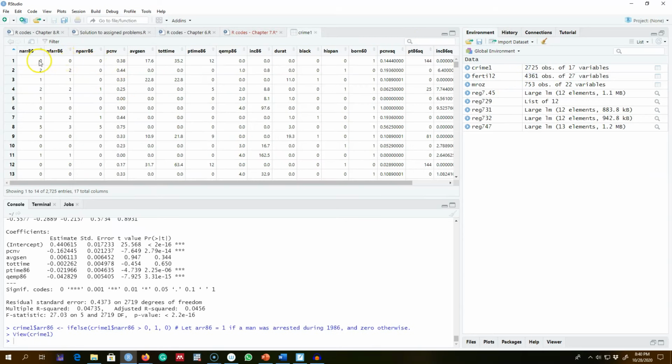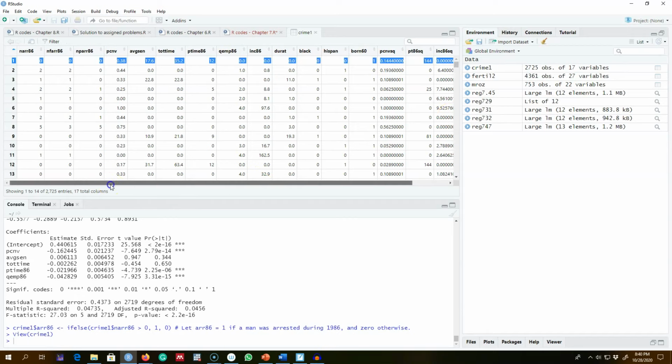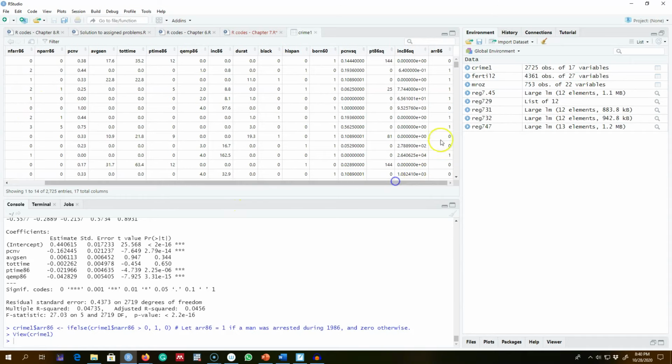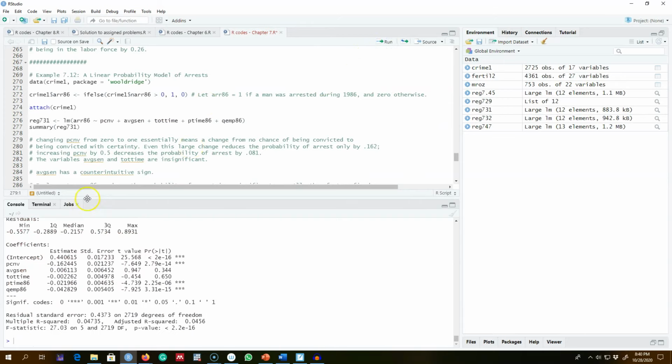You can look at this variable. See here, if the number of arrests is 0, that is the man was not arrested, this will take a value of 0. And if a person was arrested, no matter whether the person was arrested 2 times or 5 times, it will take on a value of 1. So let's attach this data set and regress. This variable is showing us that a 1 unit increase in the proportion of prior arrests that led to conviction decreases the probability of being arrested by 0.16.